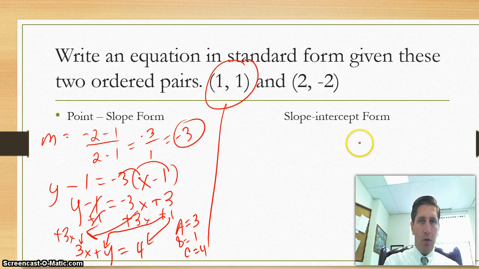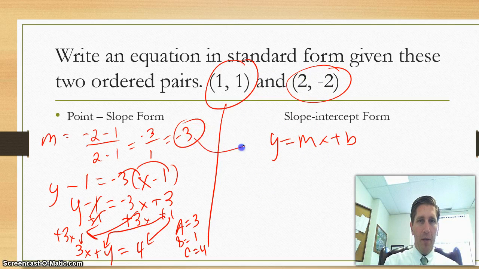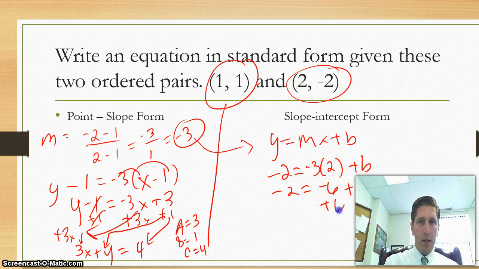Now slope-intercept form. y equals mx plus b. Okay, plug in an ordered pair. I'll plug in this ordered pair now. With my slope that I found over here, I need to use that. So negative 2 equals, my slope is negative 3 times 2 plus b, which is negative 2 equals negative 6 plus b. Add 6 over.